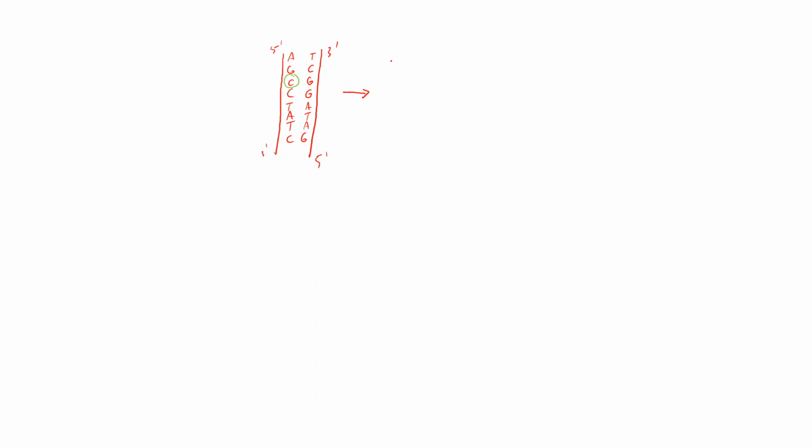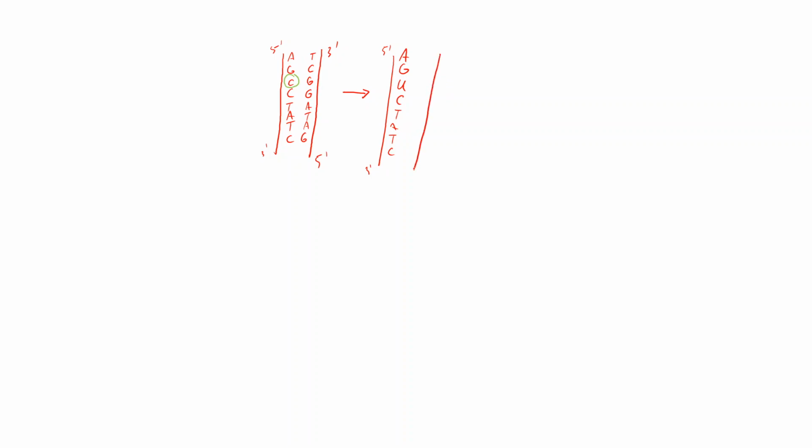You would have a 5', 3'. So everything would be the same. AG, remember that deaminated cytosine is basically just a uracil. So you would have actually a uracil where that cytosine used to be. C, T, and then the rest of the DNA would be the same.